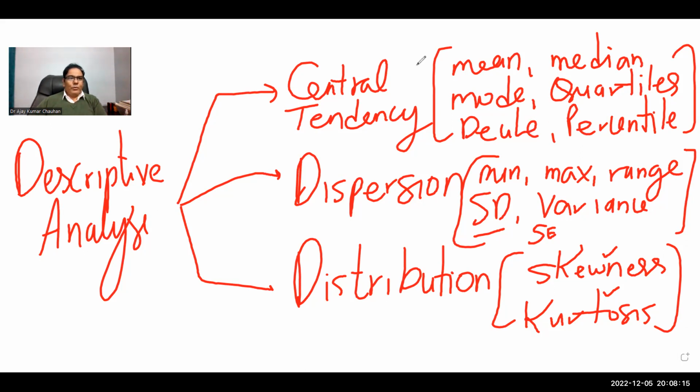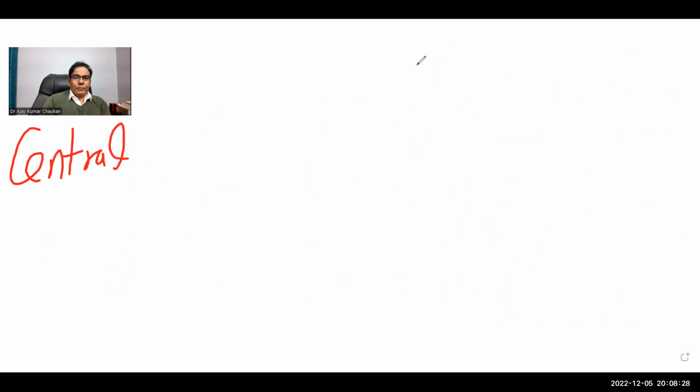So first of all, I am going to explain the central tendency. And I am going to tell you something which you don't know. Central tendency. The first is mean.